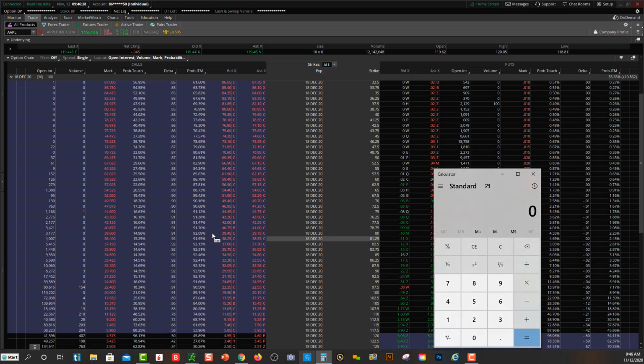But if I go up higher and look at a 92% probability, 3975 times 100, you'll see that's almost 4,000. The reason why it's 4,000 compared to 600 is the odds are way more in my favor that the trade is going to go in my favor.